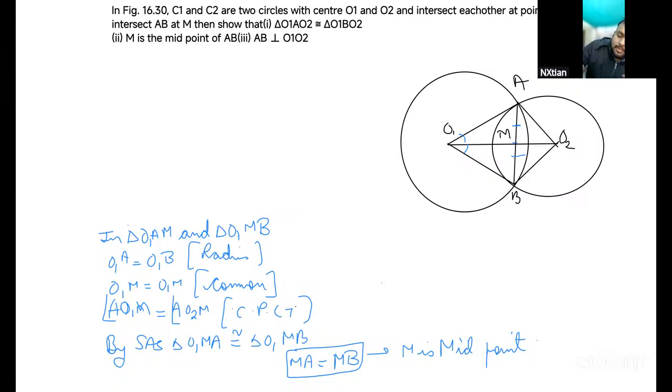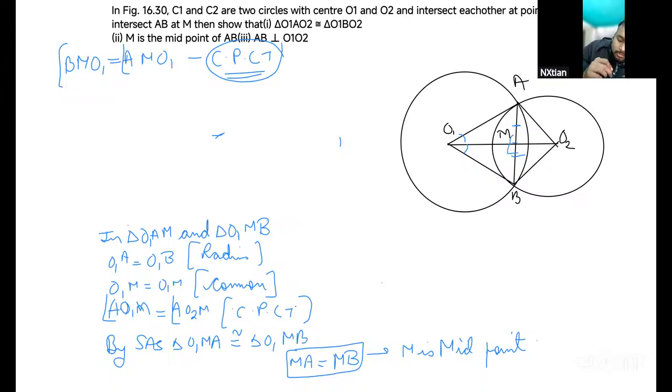Okay. Now we know that with the help of CPCT, we can say that angle PMO1 is equal to angle AMO1 by CPCT. Because of CPCT, these two angles are equal.